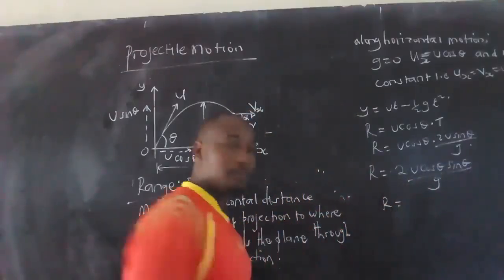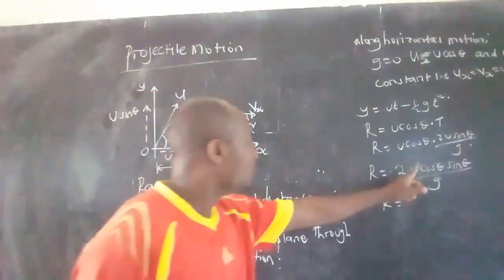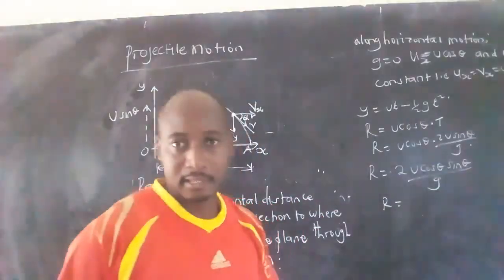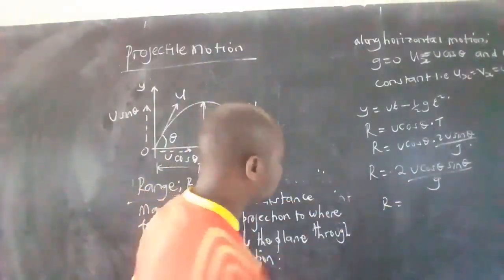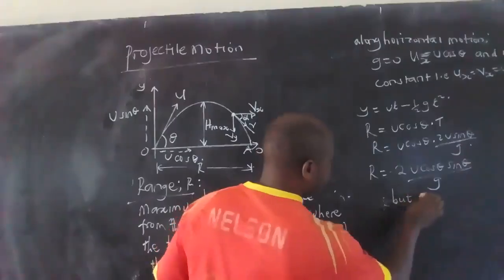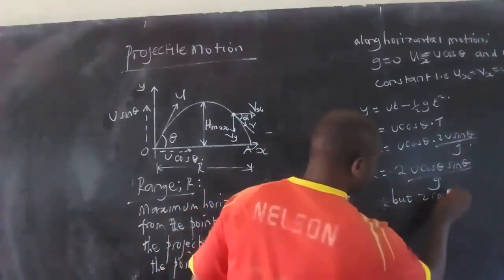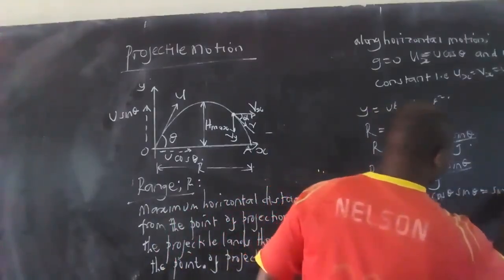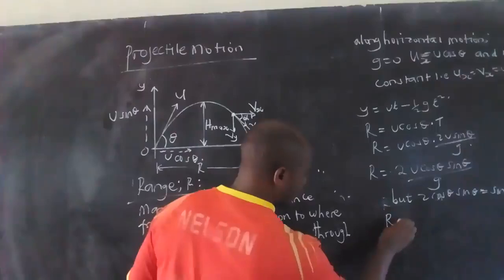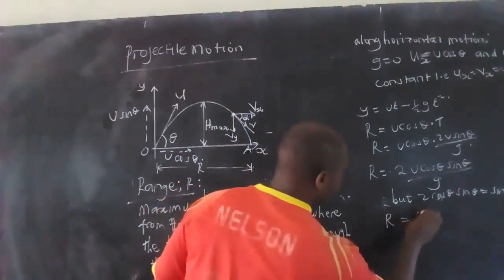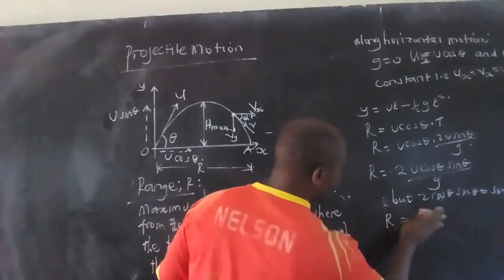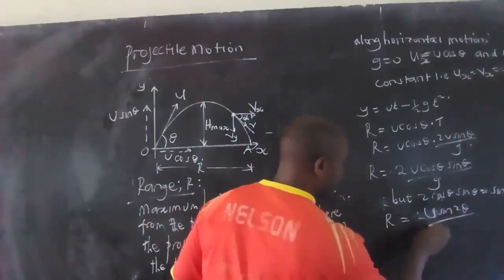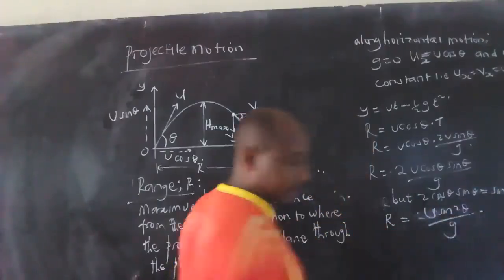But from trigonometry, 2 cos theta sin theta is the same as sin of 2 theta. So our range will now become u squared sin 2 theta divided by g. Like that.